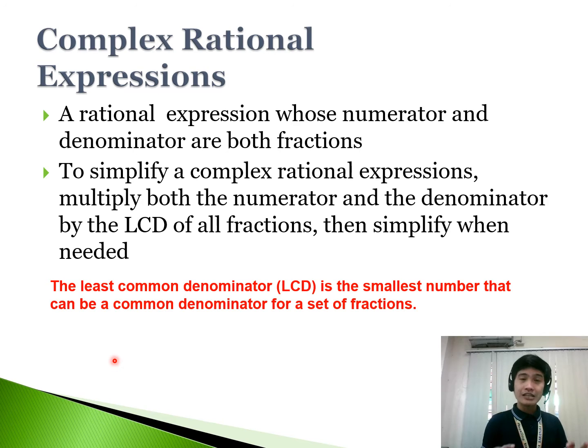So, pagka ganun ang scenario, we need to think of a number na kapag yung number na yun, dinivide natin kay 6 and 9, eksakto ang sagot. And that is 18. So, yun po yung concept ng LCD na gagamitin natin later on sa examples ng complex rational algebraic expressions or simply simplifying complex rational expression.